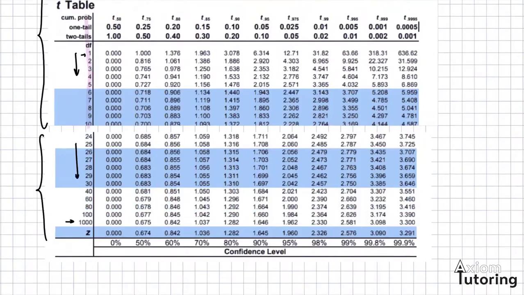In most of the tables that you will have access to, instead of writing it as Z, sometimes in here it will just be infinity, just to indicate that the sample size is very large. Okay? So this is the line that is basically highlighting the fact that the t-distribution has collapsed into the Z distribution.